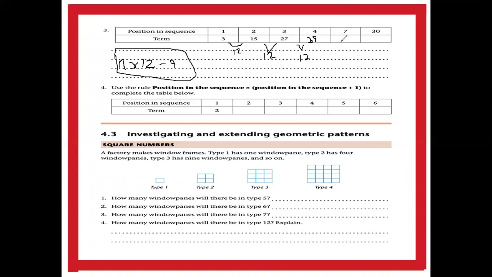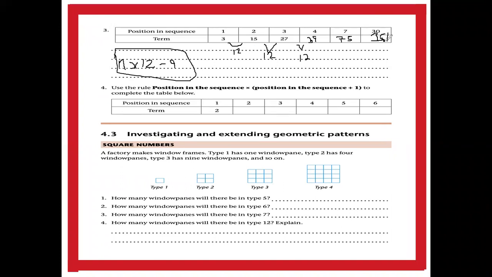So 7 times 12 is equal to 84, minus 9 is equal to 75. And then for the 30th term, we sub 30 in for n. 30 times 12 minus 9 gives us 351.